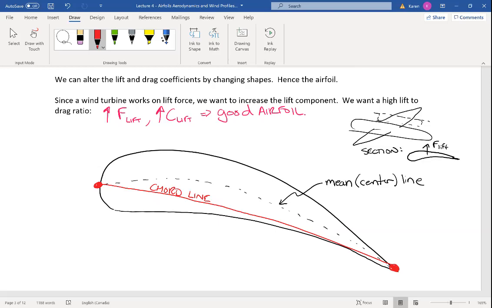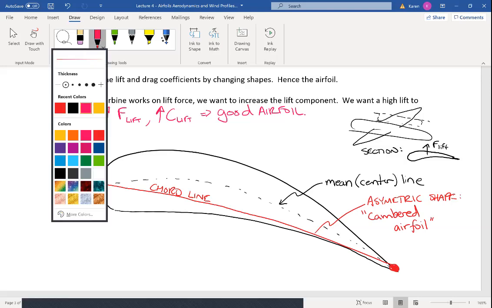And if there is more material above the chord line compared to below the chord line, so if the shape is asymmetric, meaning there's more space above than below, then that is called a cambered airfoil. So what I've drawn here is definitely a cambered airfoil.